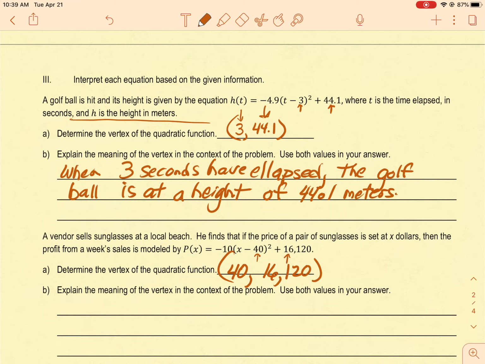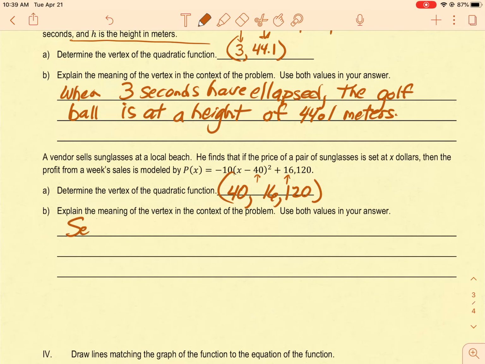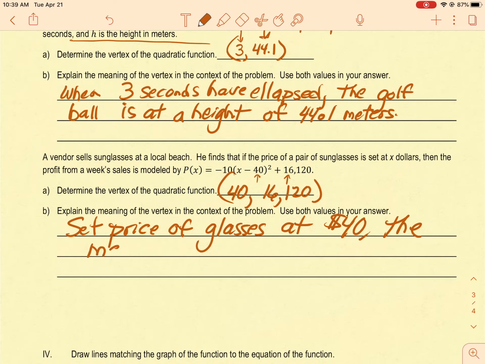Well, x says that's the pair of sunglasses at that cost, and then the profit is the y. So if you set the price of sunglasses at $40, the maximum profit is $16,120.